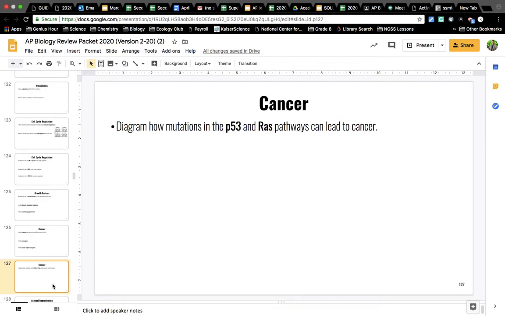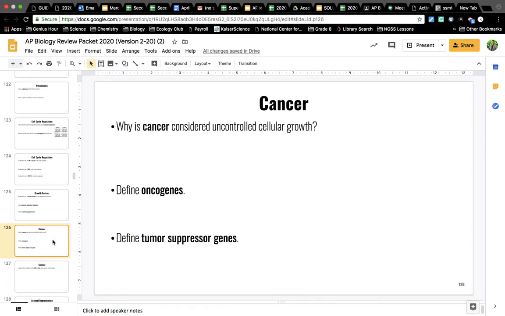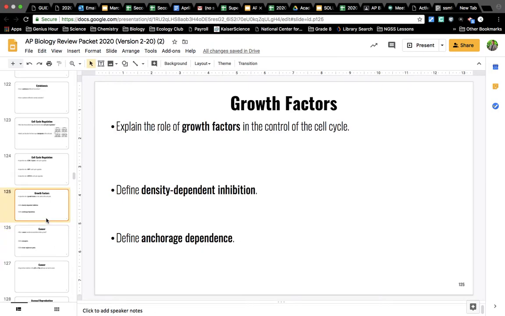Now, why is this important? Density-dependent inhibition and anchorage dependence are important in a medical context because cancer cells do not demonstrate these two things. Their DNA has been damaged such that they continue to divide no matter if they're crowded or not.